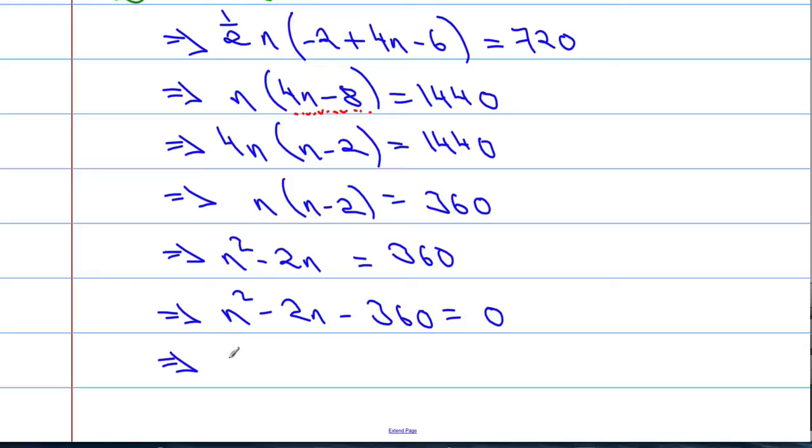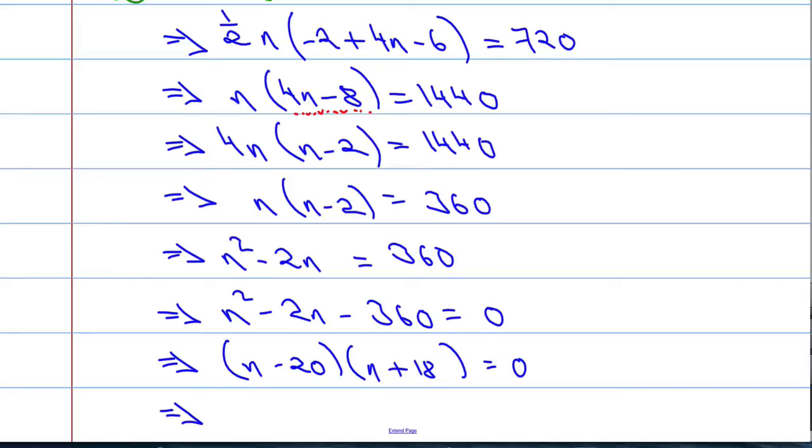Okay, and now I'm going to have to factorize this. So I'm going to have (n )(n ) equal to 0. And a careful bit of thought here. So factors of 360 that we can add to negative 2. Minus 20 and plus 18, I think.